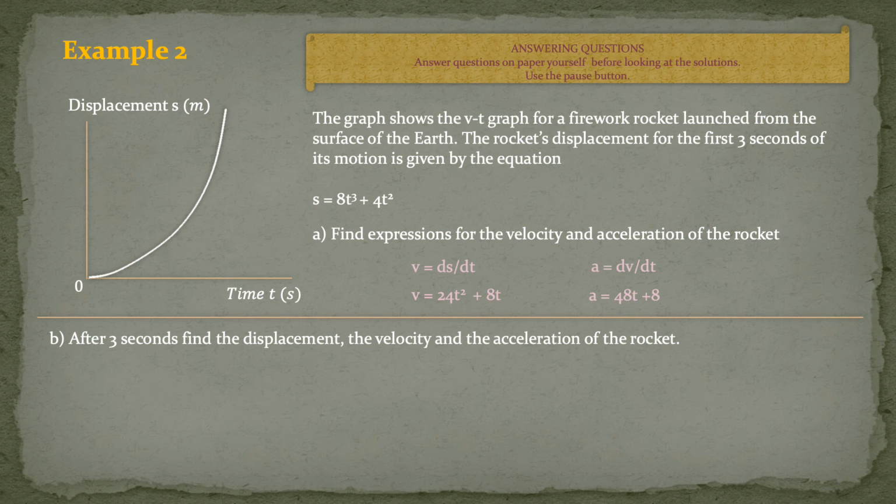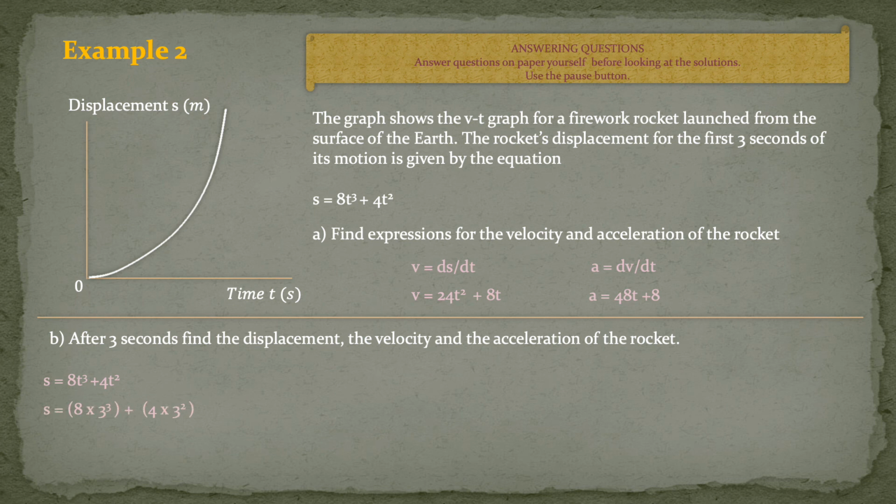Part B. After 3 seconds, find the displacement, the velocity, and the acceleration. All we're doing here is we're using the equations which we now have for s, v, and a, and we're simply substituting in a time value of 3. So the displacement equation is 8t cubed plus 4t squared.